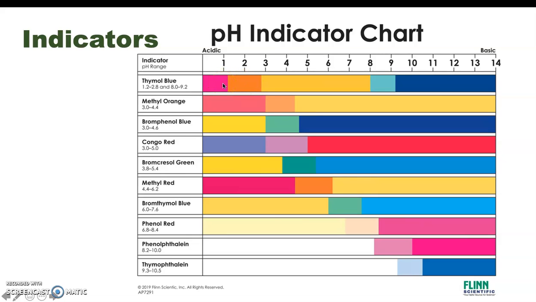So depending on where you want to end your titration, at what pH level, you're going to want to select your indicator wisely. That's really about all I have for indicators. You need to know they change color based on what pH they're in, and different indicators change color at different pH ranges, and they have different colors they transition to and from. So there you go.